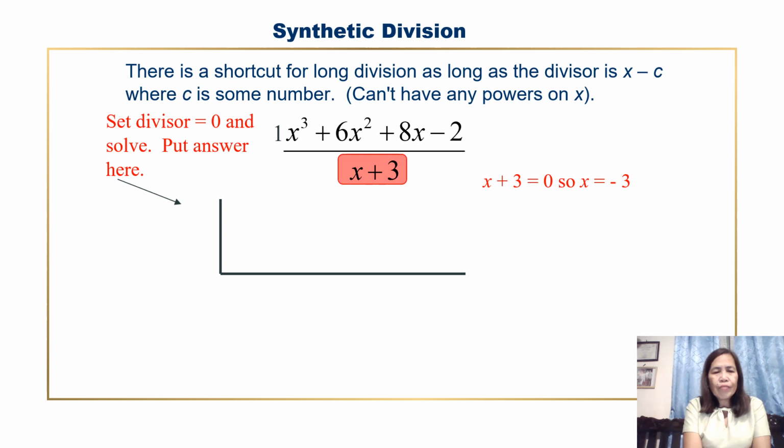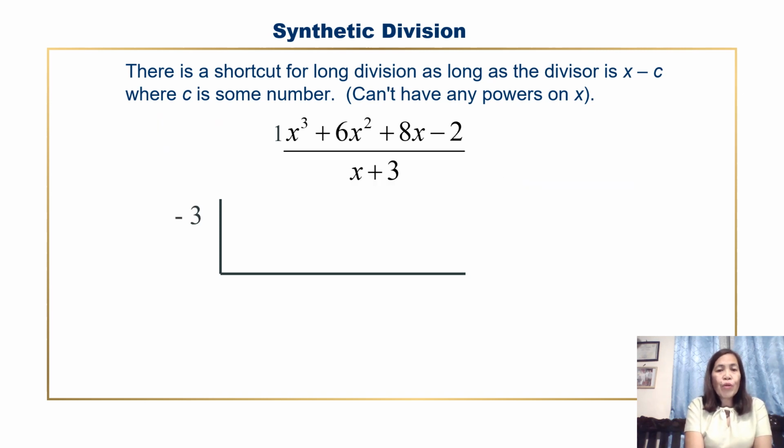From the given x plus 3 equals 0, then x is equal to negative 3. So we write it there. You see the symbol for division, it's inverted, unlike the normal division.